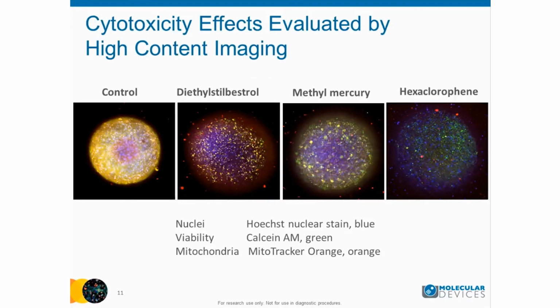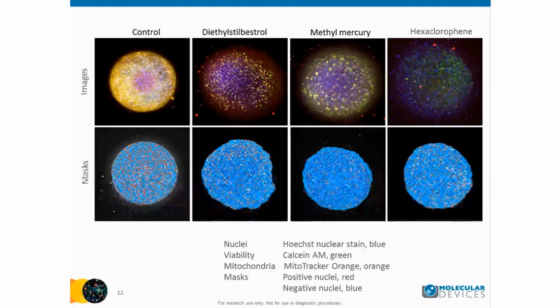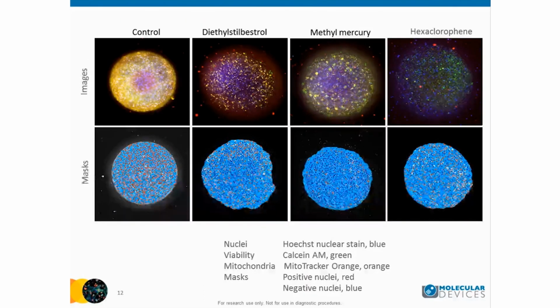Here you can see spheroids stained for cytotoxicity assessment. Spheroids were stained with calcein AM for viability, MitoTracker Orange for mitochondrial potential, and the nuclear dye Hoechst. The analysis for imaging readouts was generated using the Custom Module Editor.